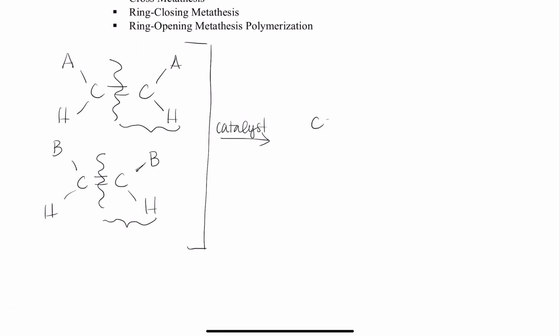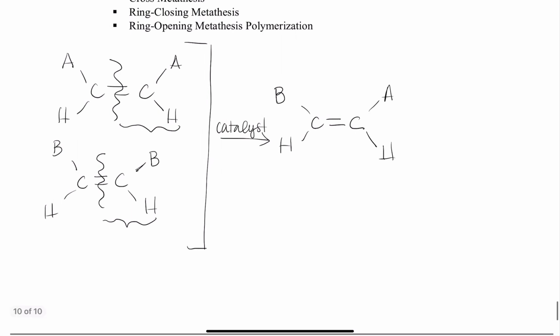So we could have the left side of alkene B, and then the right side of alkene A. They could be in the trans position.